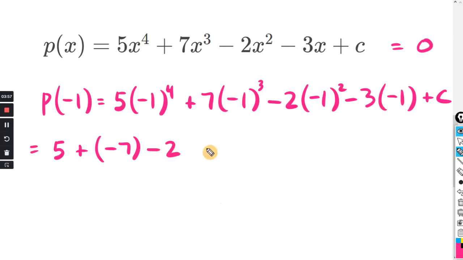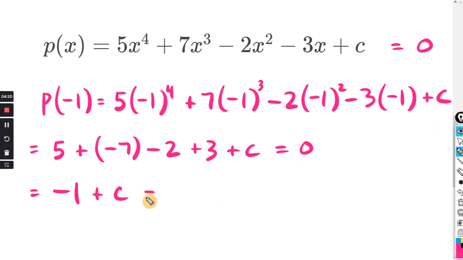And -3 times -1 is +3, plus c. And that whole thing equals 0. Okay, now we're in business. We're just solving for c. 5 minus 7 is -2. Minus 2 is -4. Plus 3 is -1, plus c.